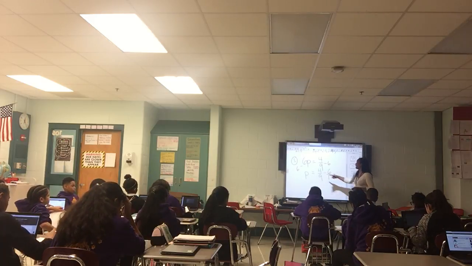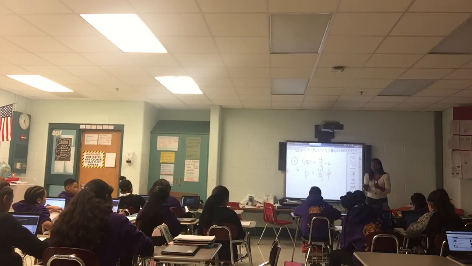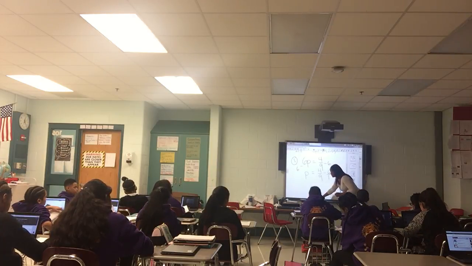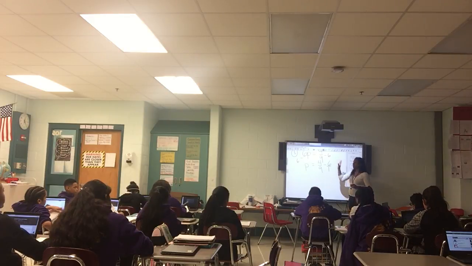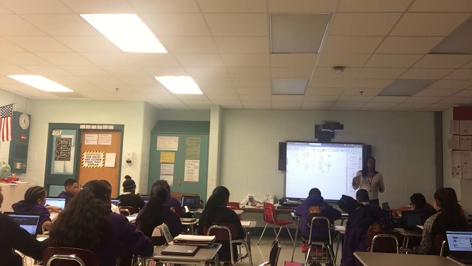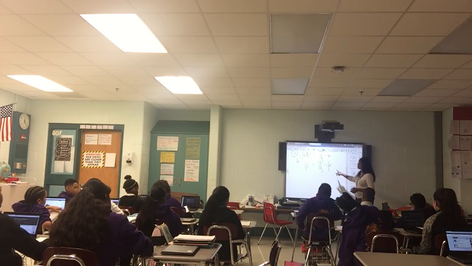Okay, and so now that it's set up like a fraction, I can go ahead and divide. But as we said yesterday, when you divide fractions, you're actually multiplying by the reciprocal of the second number.